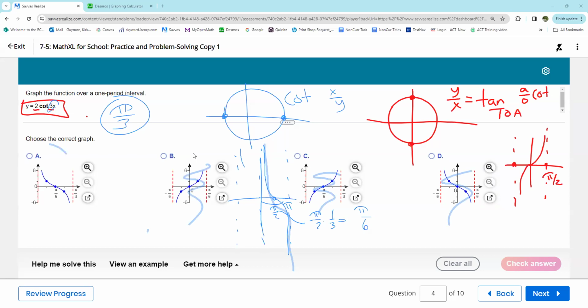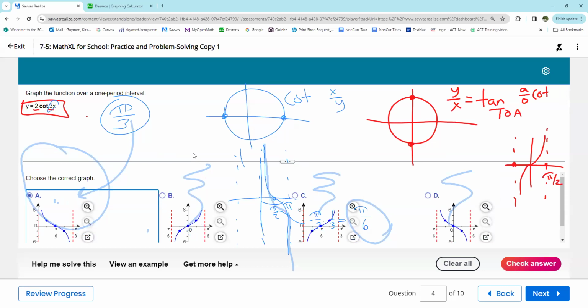And so here we have my pi over 6. That's what I said we should be using right there in the center, and the asymptotes at the pi over 3 and the 0. So let's put that in there, and we should be good to move on.